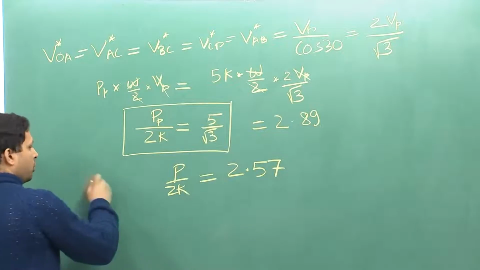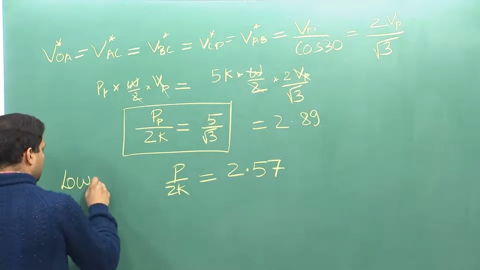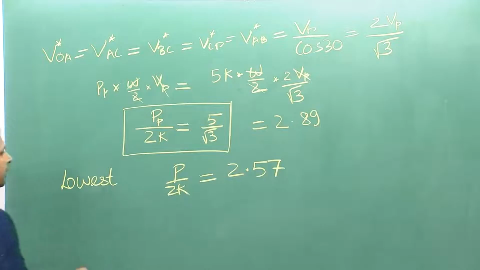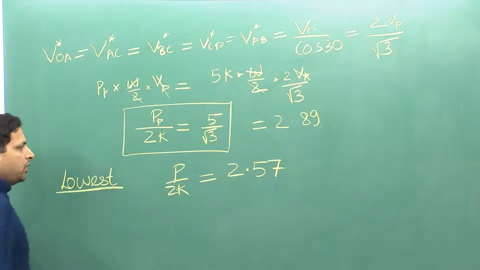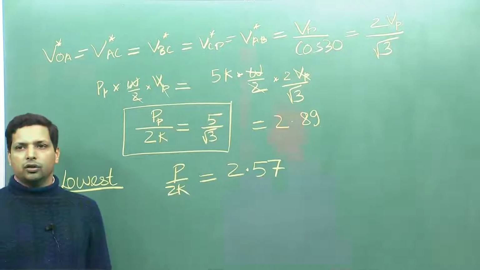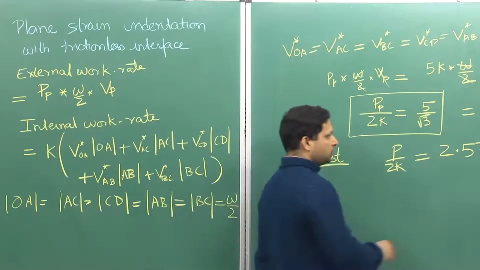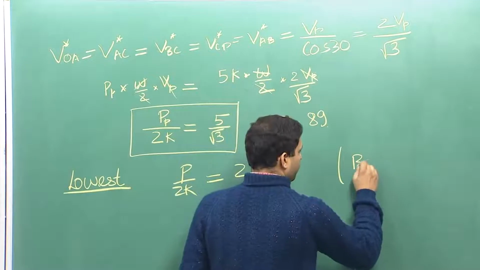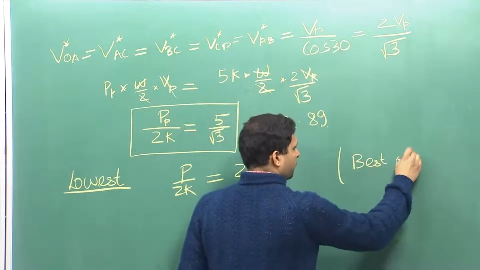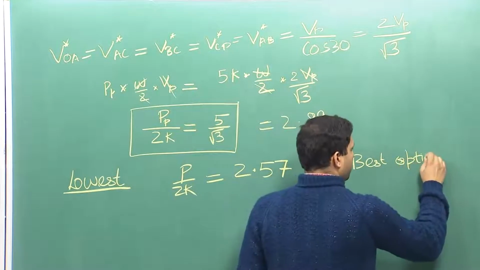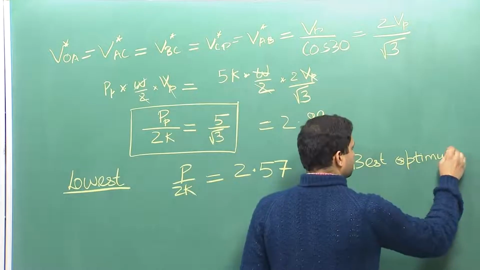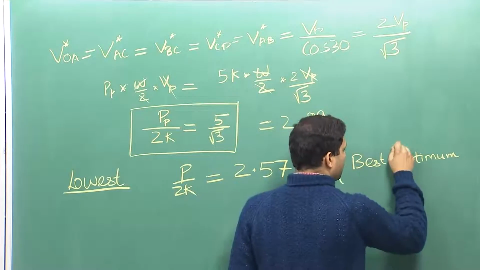So, this will be the lowest possible value of all the upper bound analyses that you can do taking different kinds of deformation field, and this will in effect be your optimum or the best upper bound value.